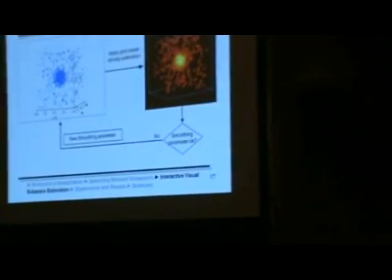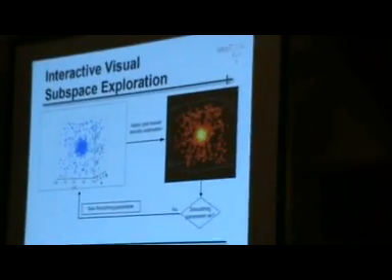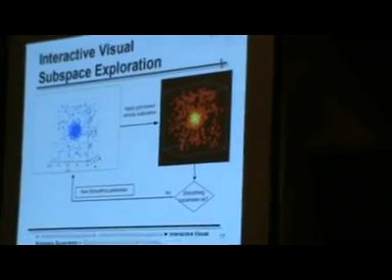The first concept that I'm going to describe is subspace estimation. After we obtain the density image, we visualize it to allow the user to check if the automatic choice of the smoothing parameter is okay. He can choose new smoothing parameters until he is satisfied with the density image.